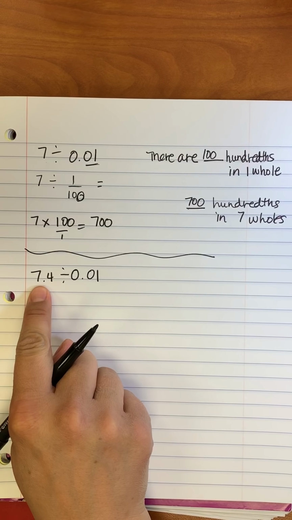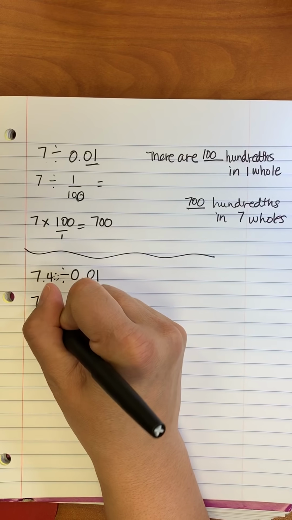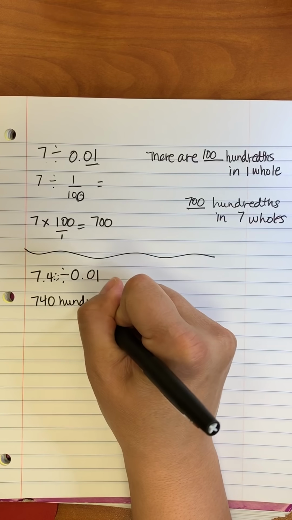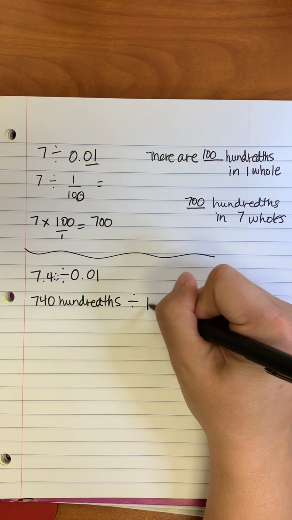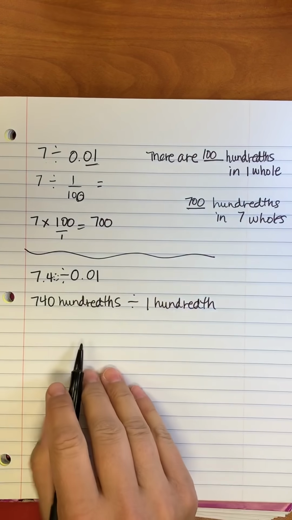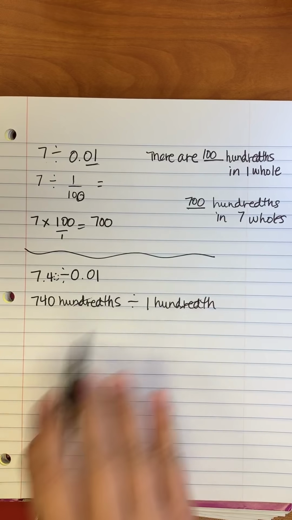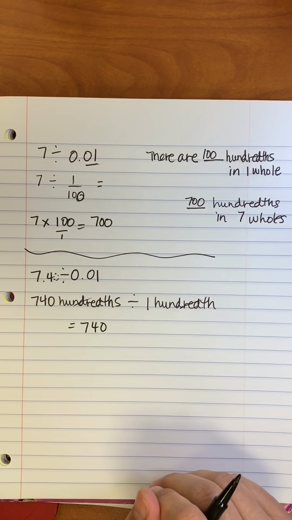So technically, this is like 740 hundredths divided by 1/100th. Right, the hundredths kind of cancel out. 740 divided by 1 equals 740.